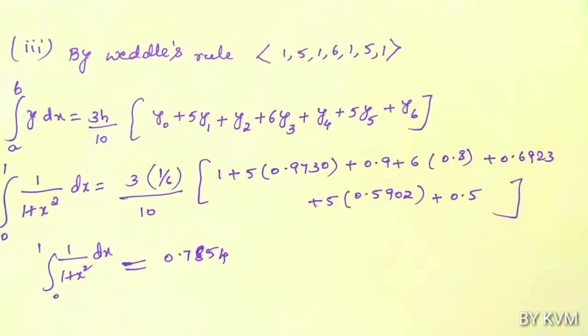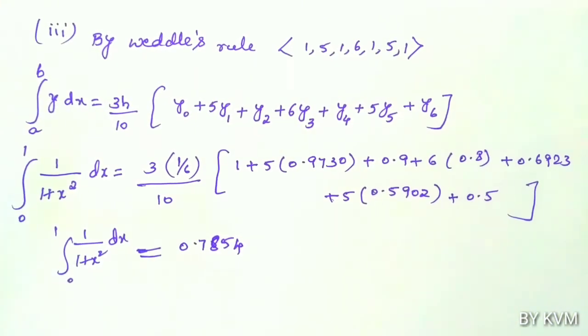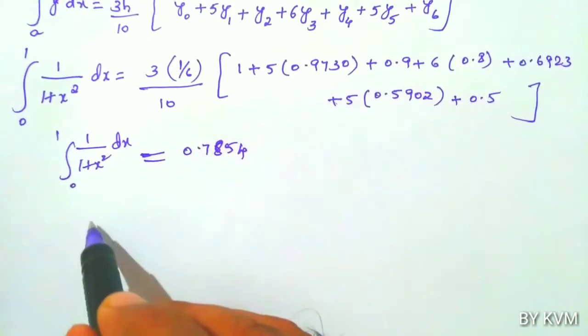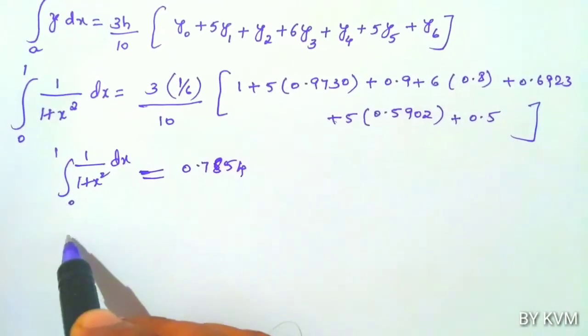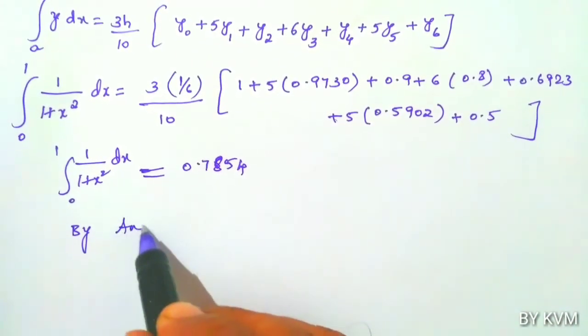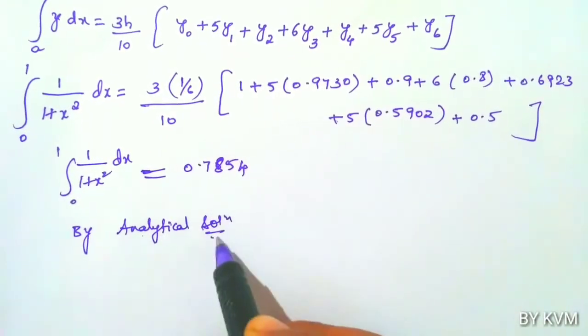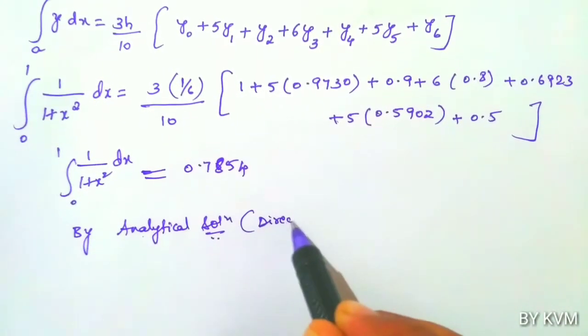So now, after finding the values by all the three rules, now we have to find the value of pi. So now by analytical method, or by direct integration.